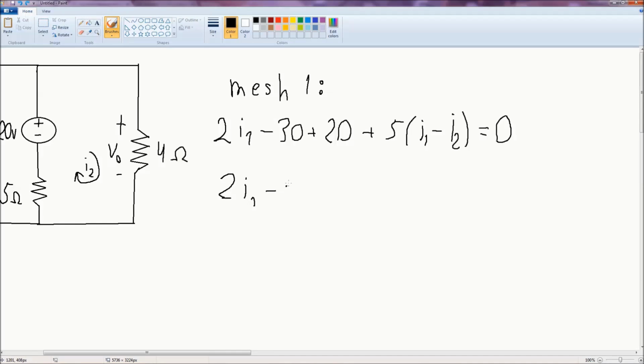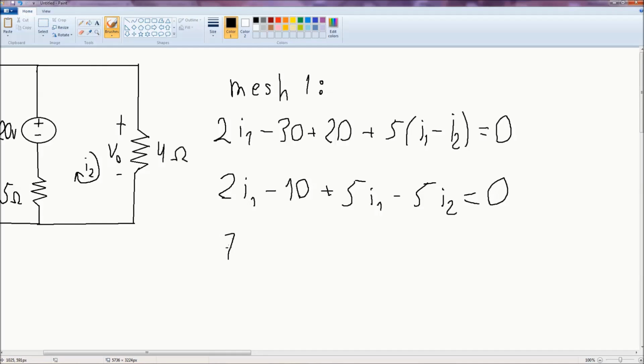If we add this, we will get minus 10, and if we distribute this, we get 5I1 minus 5I2 is equal to 0. And we can simplify further by adding I1 with I1.